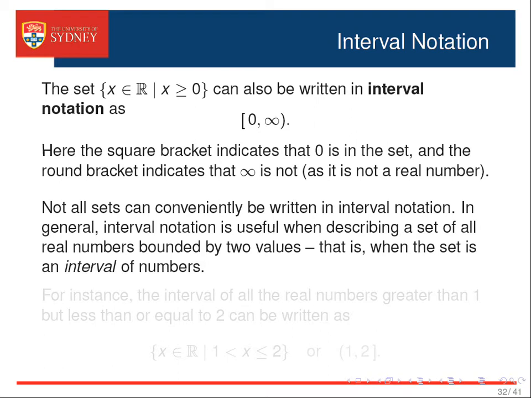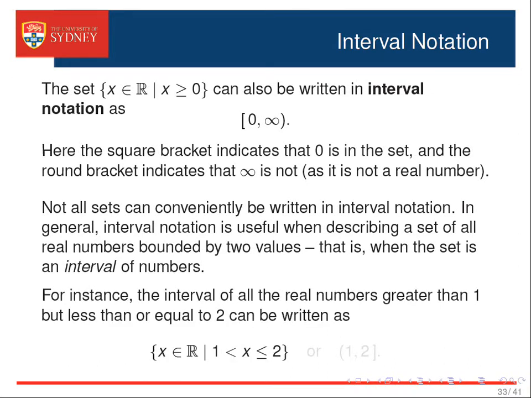These special sets are called intervals, hence the name interval notation. For instance, the interval of all real numbers greater than 1 but less than or equal to 2 can be written as the following in ordinary set notation, or in the more concise interval notation.